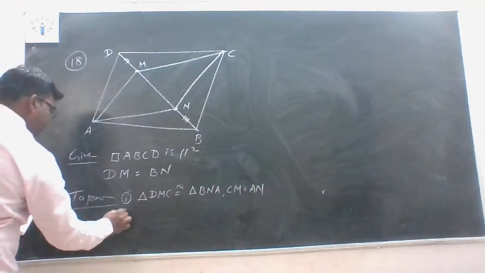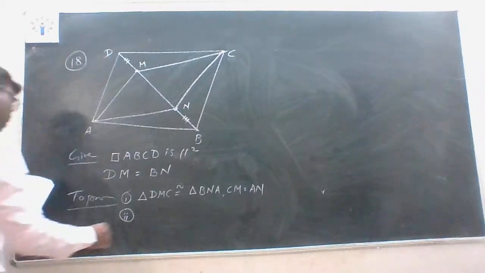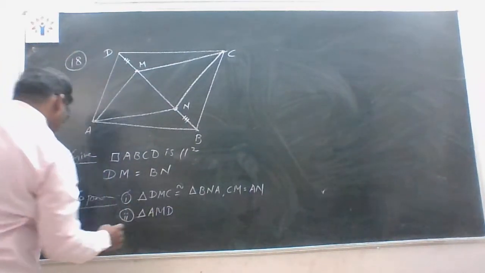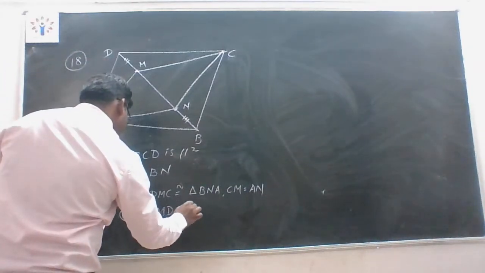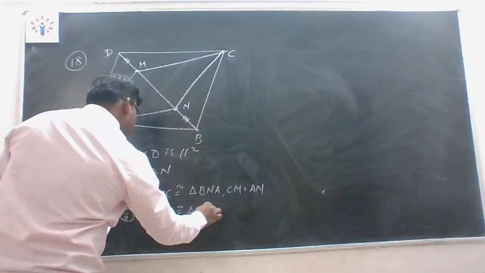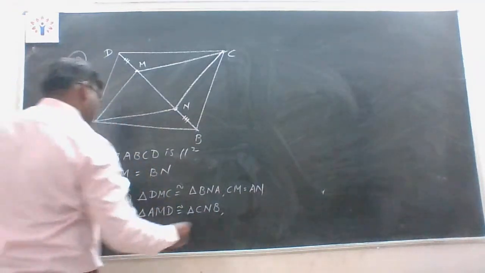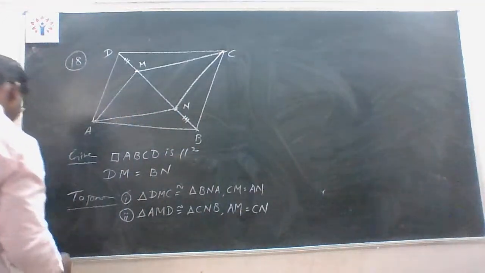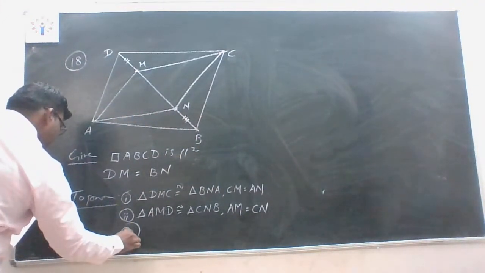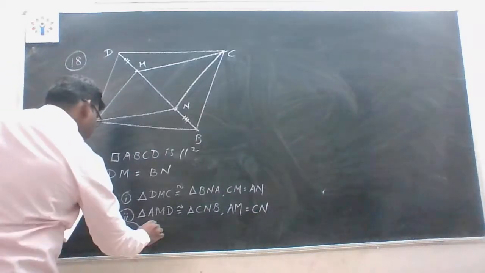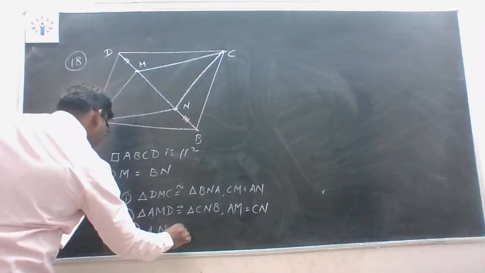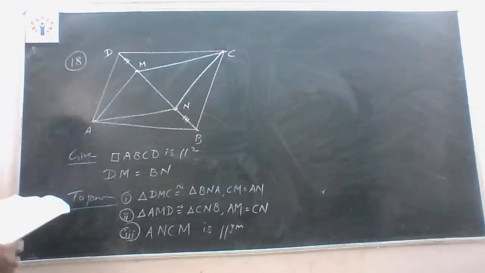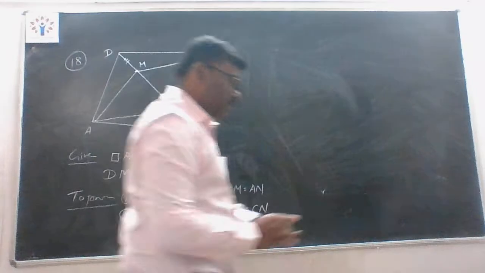This is the first part. The second part that we want to show is triangle AMD congruent to triangle CNB, so AM is equal to CN. And third, ANCM is a parallelogram. These are the three things that we want to show.